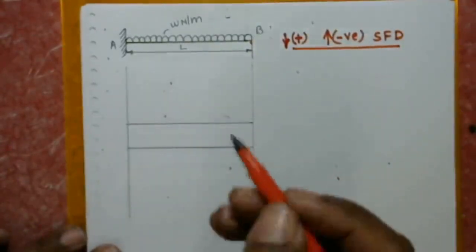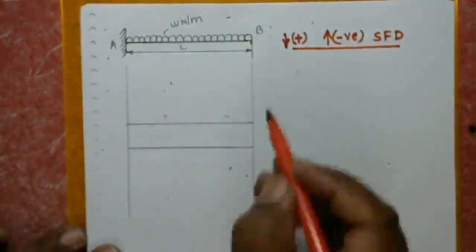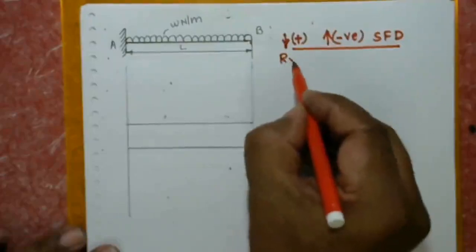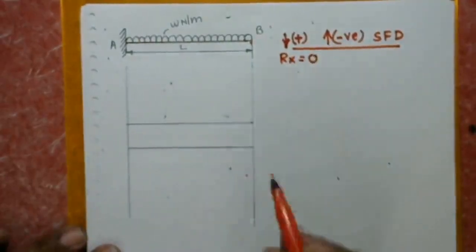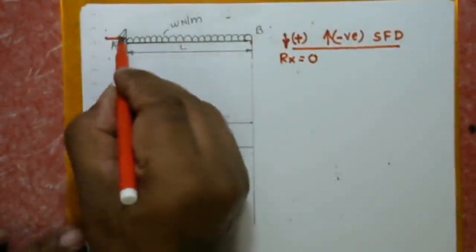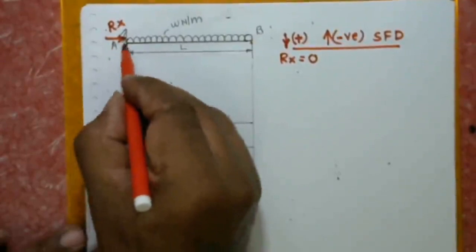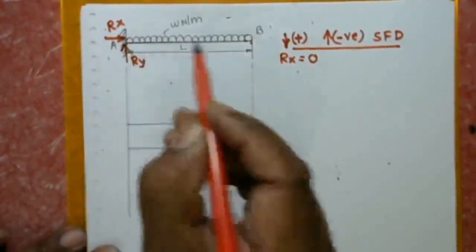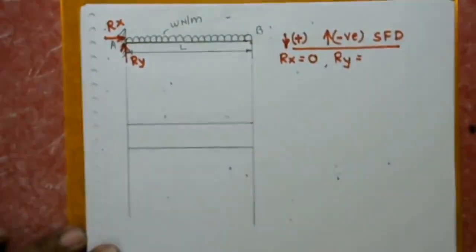Okay, now let's see. Again no horizontal force is acting, so the horizontal reaction Rx will be 0. Vertical reaction Ry. For that, upward forces are equal to downward forces, or you may say summation Fy is equal to 0.